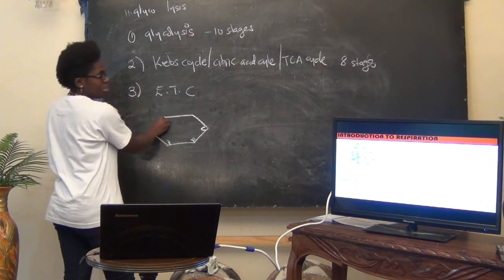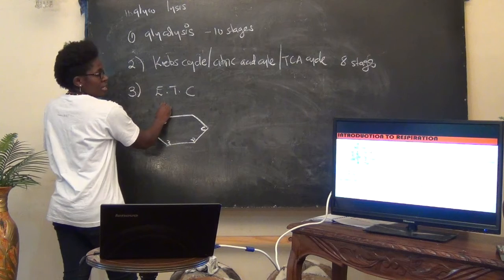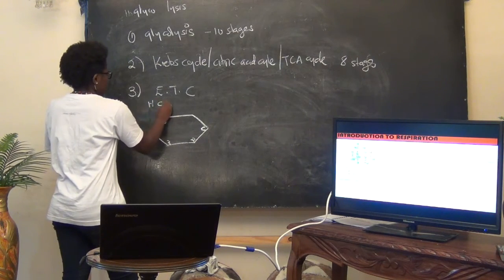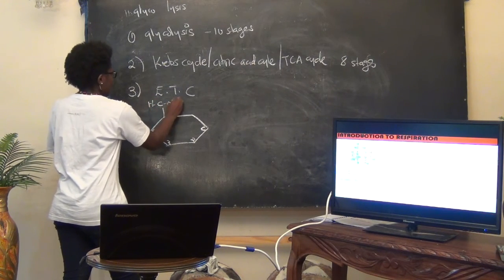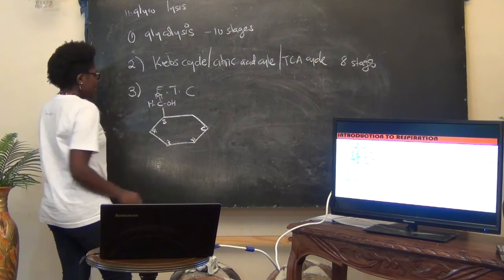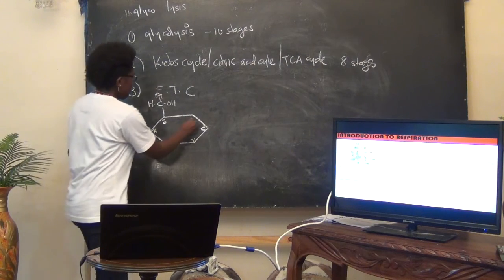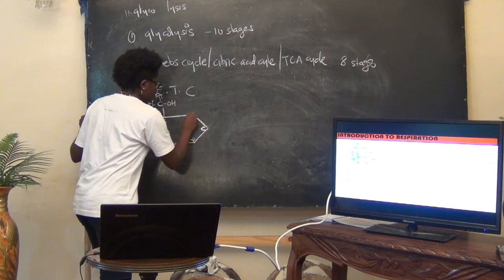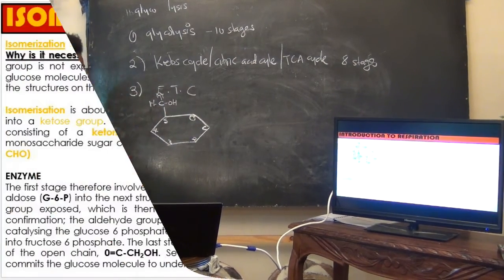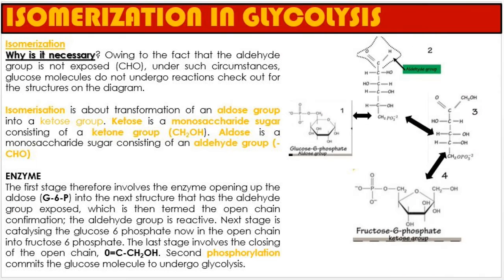And this is carbon number 5. Then carbon number 6 right there, and this is our oxygen going that way.